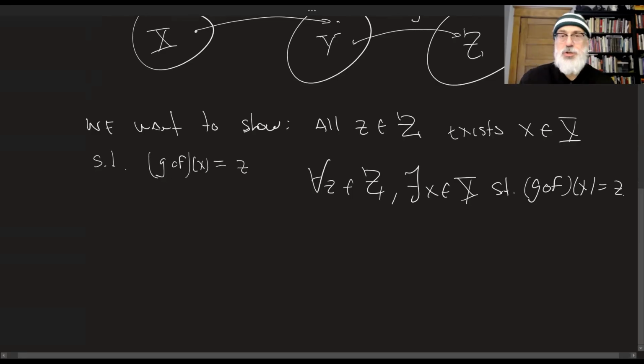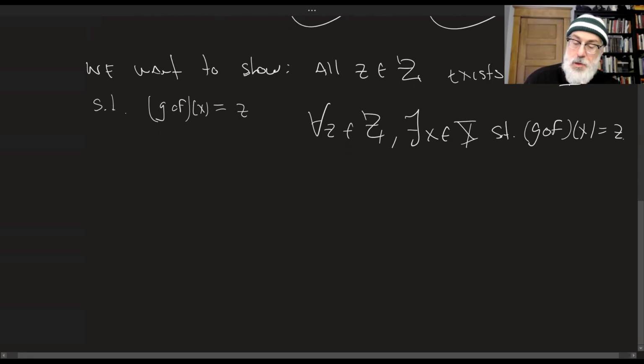So this is what we want to show. If we can show this, then we have proven that the composition is onto or surjective. So here's the proof. It's not very long. We're going to do it directly.